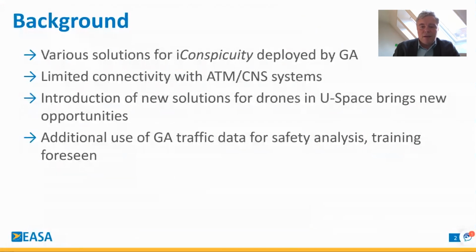In addition, we are also considering that the sharing of traffic data will not only support traffic awareness, but also allow additional benefits in terms of safety analysis and potentially the training of general aviation pilots.